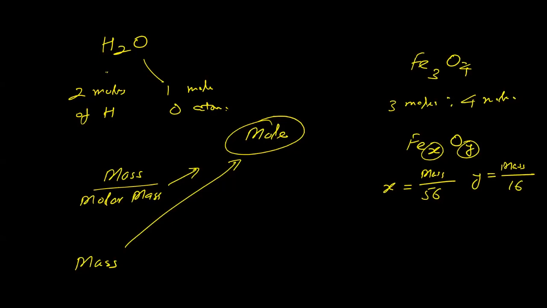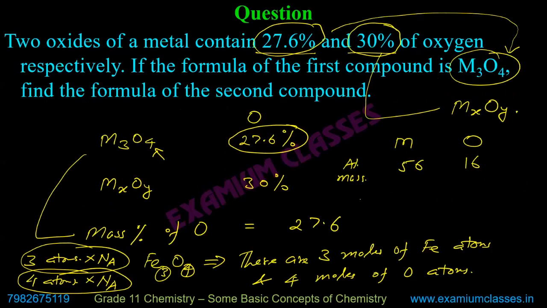So whatever we see as a suffix is nothing but how many moles there are of that particular atom. We will apply the same logic here for the second one.